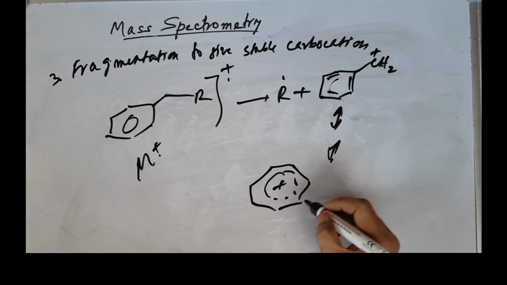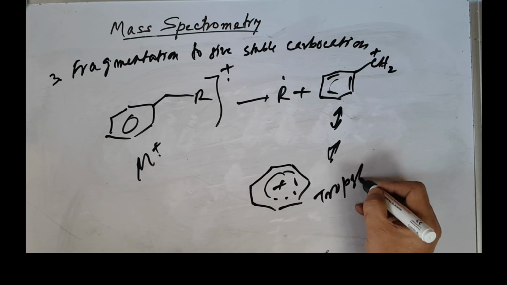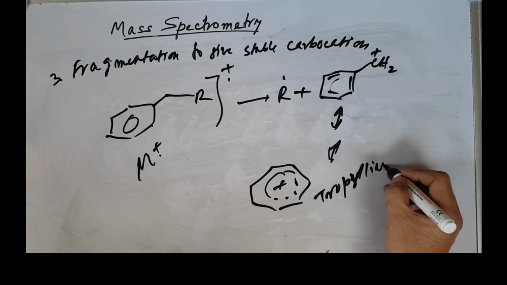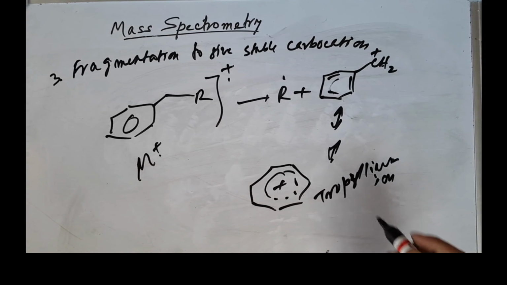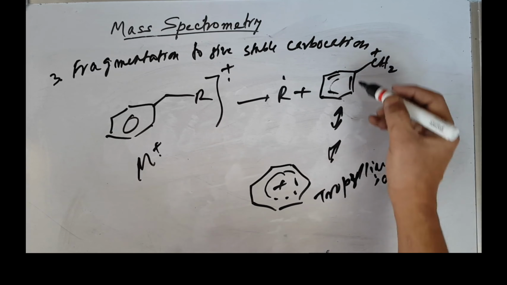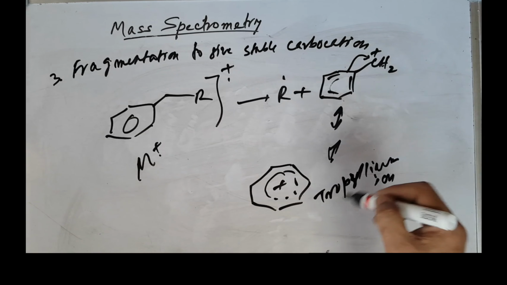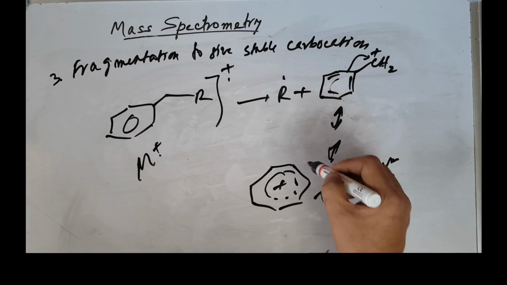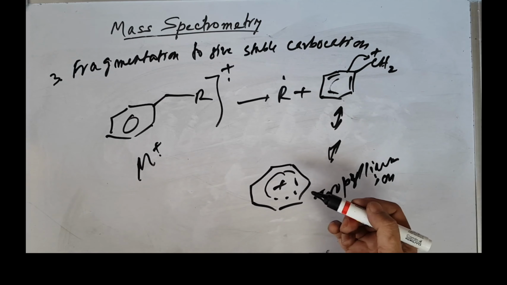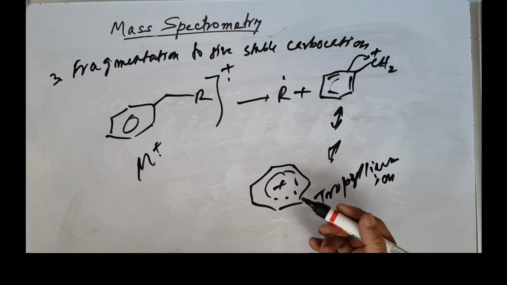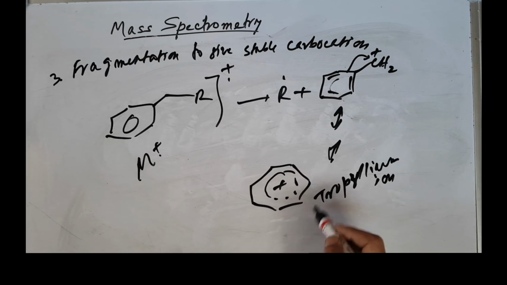This is the tropylium ion, which is very stable. This positive charge can be delocalized again. More resonance structures means a more stable carbocation, so these ions will give the highest peak, the highest intensity. So fragmentation takes place to give the more stable carbocation.